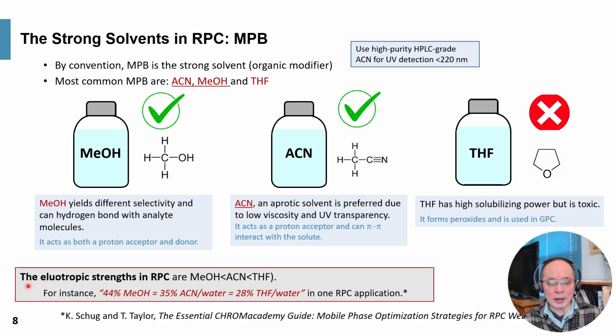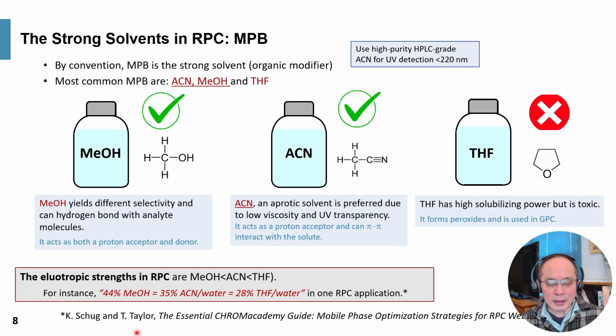Here is something interesting called the eluotropic strength, described in Lloyd Snyder's textbook, and also in this particular reference over here. For reverse phase, methanol is weaker than acetonitrile and also weaker than THF.